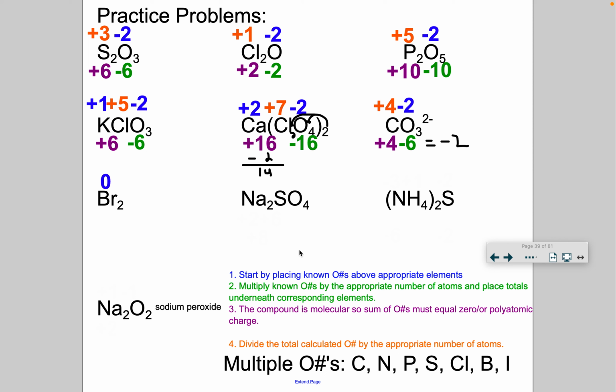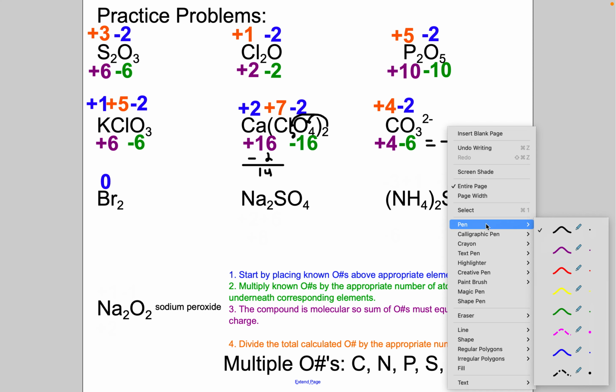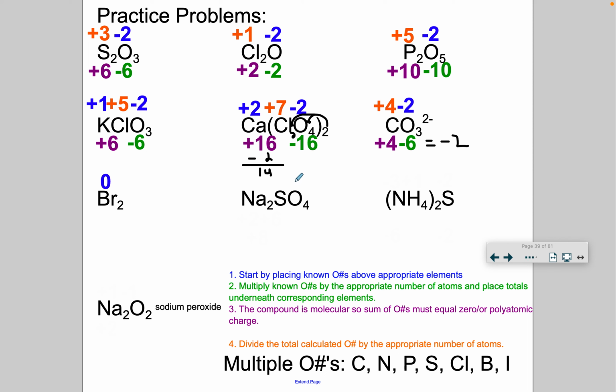Na2SO4. So you see oxygen. Oxygen, it's not a peroxide, it's not bonded to fluorine. Oh yeah, for some reason I don't have my numbers on this one. So it's minus 2, sorry. Minus 2 times 4 is minus 8. Sodium is one that just has one oxidation state, and in that case it's plus 1.